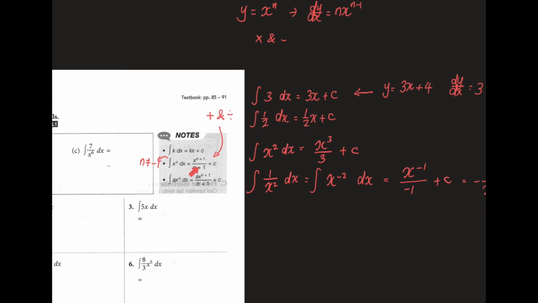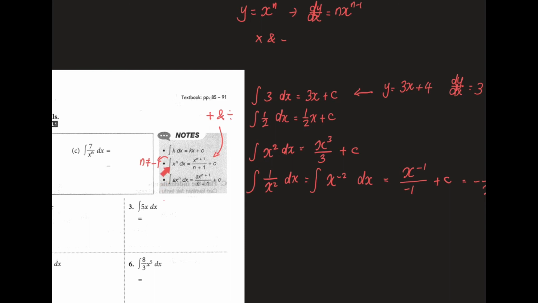Something divided by 0 is undefined. So not applicable when n is equal to minus 1. We have another formula, but we will learn later, not in SPM. We will learn a formula on how to handle it when n is minus 1, in the mathematics after SPM.